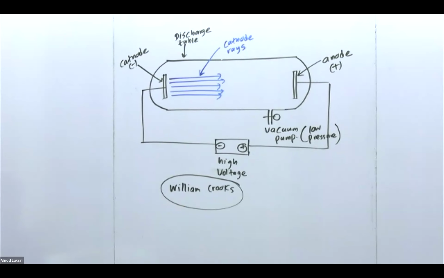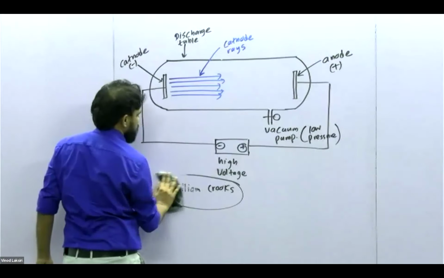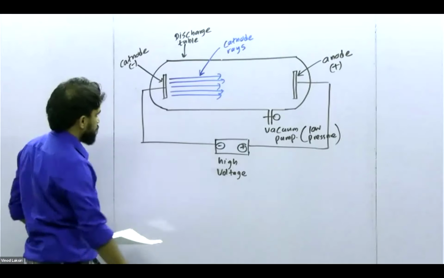And it is called Crookes tube, or Crookes tube slash discharge tube, or cathode ray tube. Right. Draw this structure. Draw this diagram.